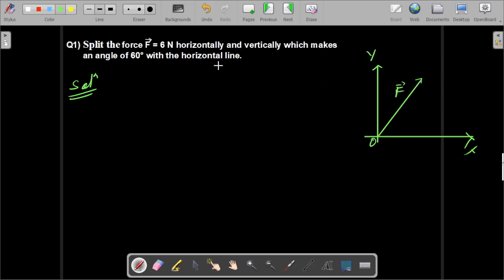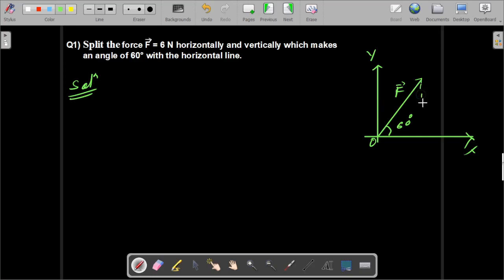How much is it? 6 Newton. It is making an angle of 60 degrees with the horizontal axis. I split this force into two components, in the direction of x and the direction of y.